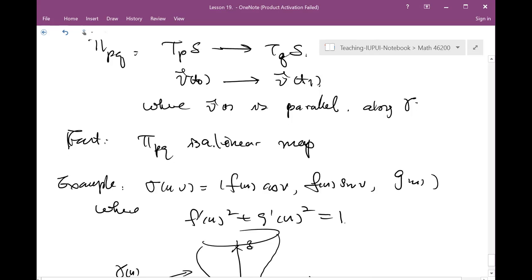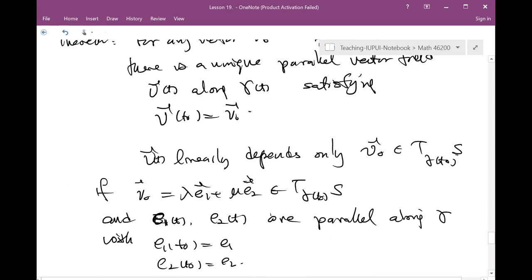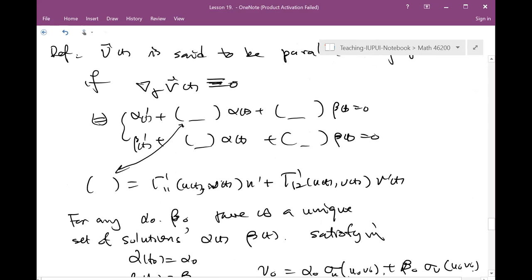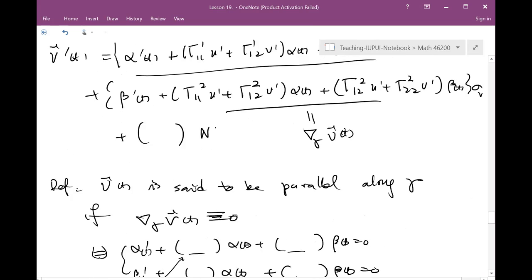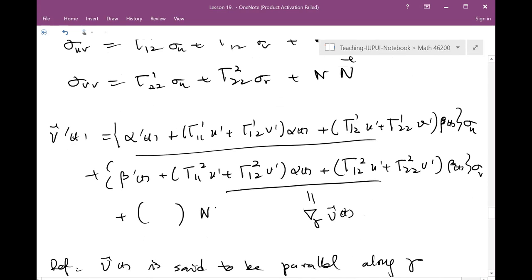As you see, these equations for the parallel translation are independent. They only depend on the first fundamental form, because the coefficients here, gamma 1 1, gamma 1 2, are only determined by the first fundamental form. You don't need to worry about the second fundamental form. Those functions depend on E, F, G, the coefficients of the first fundamental form.